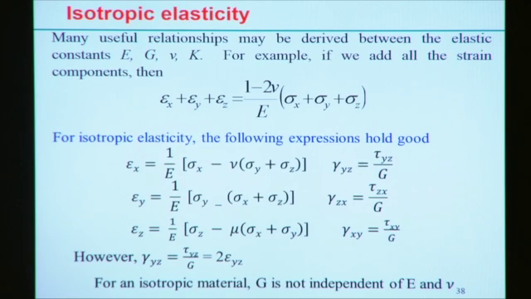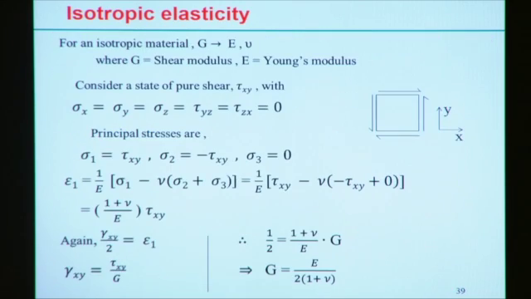The point to be noted is that the shear strain, for example the shear component yz, is the shear stress by shear modulus, which is equivalent to 2 times the normal strain component epsilon yz. So for an isotropic material, G, the shear modulus, is not independent of Young's modulus and nu. It should depend on them.